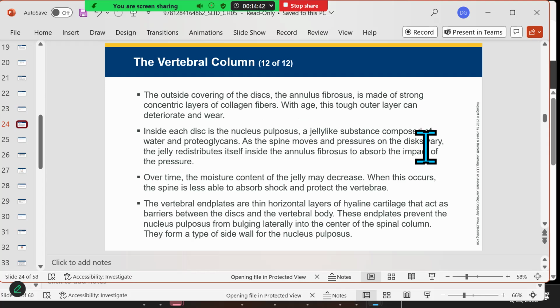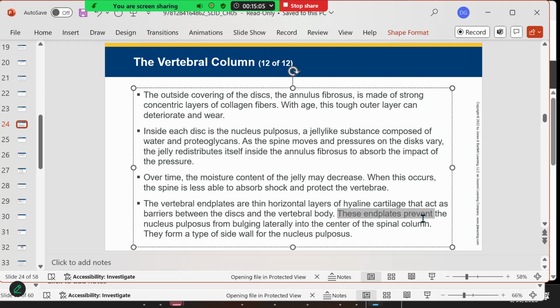Sometimes they don't. Yeah. There's a jelly-like substance there. That's a good way to describe it, which does a great job of cushioning as we move about. That's a great system that nature has for us. But because it's so soft, I guess you could say, it does get pinched easily and could bulge out. The end plates bulge out laterally.